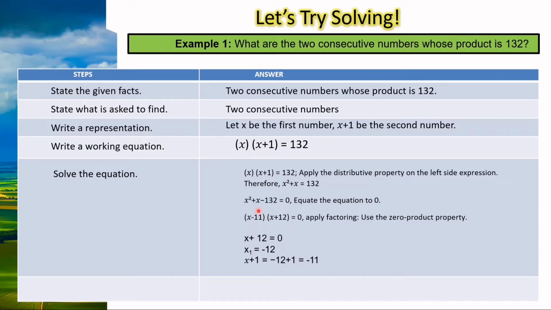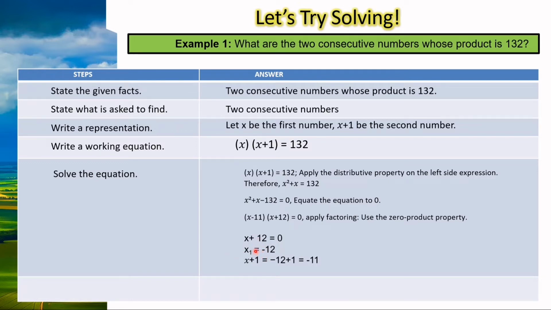So you cannot see here the visible number 1, but if you have a variable x, it is understood that you have a numerical coefficient 1. So the next thing to do is to substitute it to the working equation. That's why you have here x plus 12 is equal to 0.